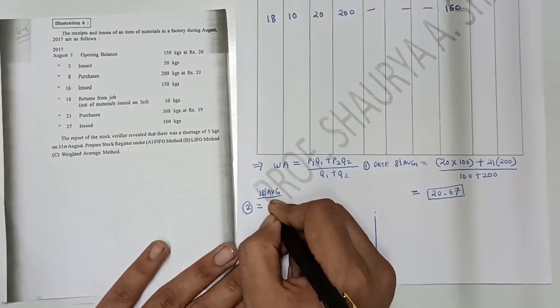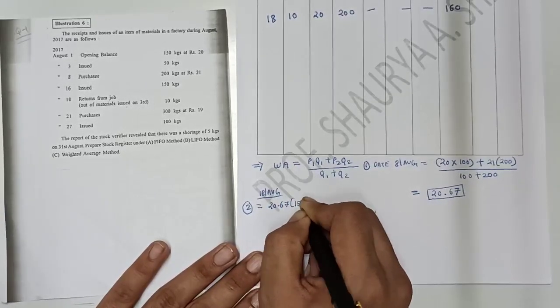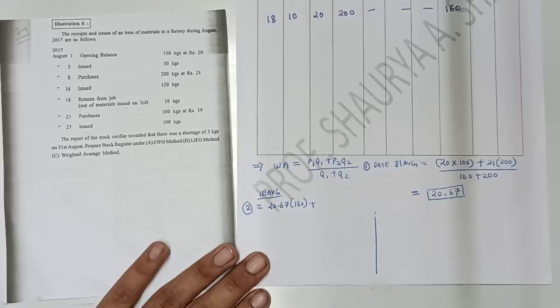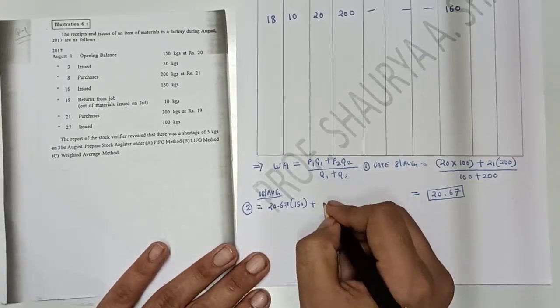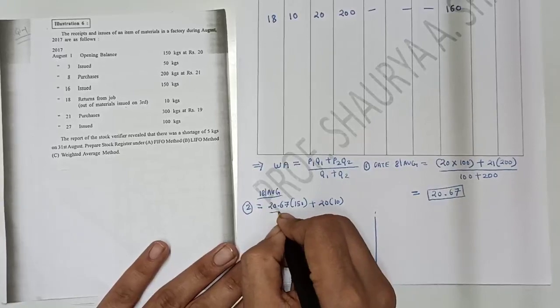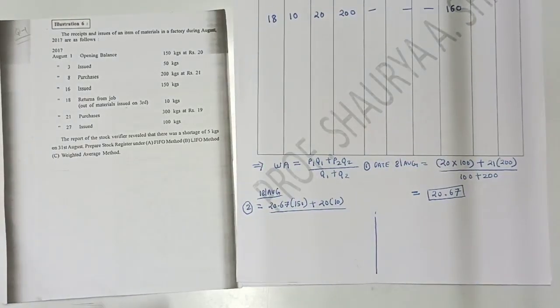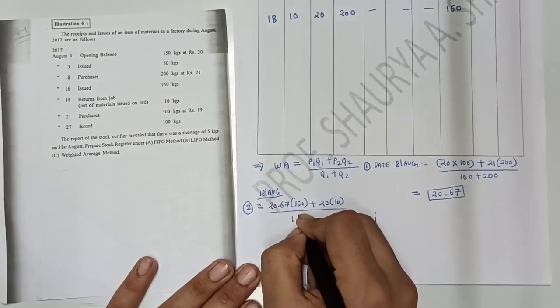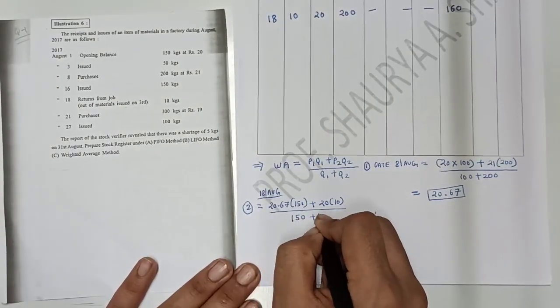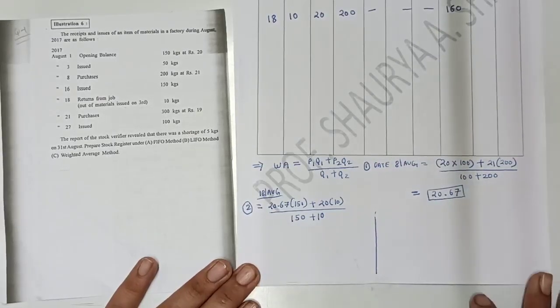So I'll write down P1 20.67 into 150 plus you have again 20 into 10 divided by 150 plus 10, that is equals to my total quantity 160, right?